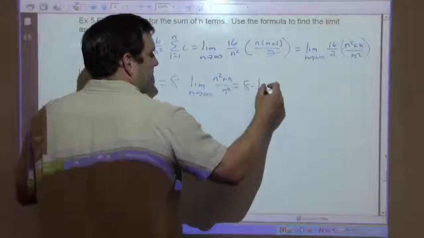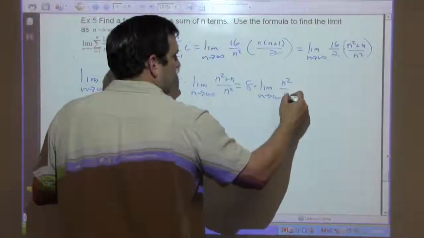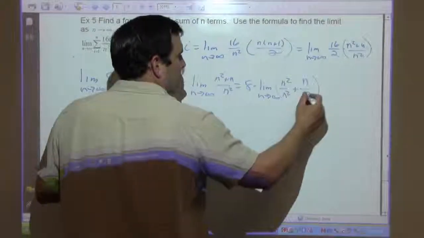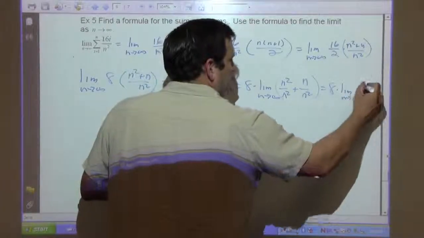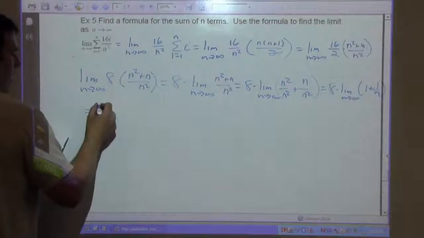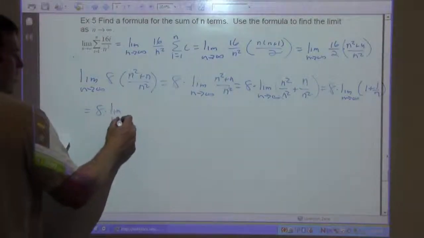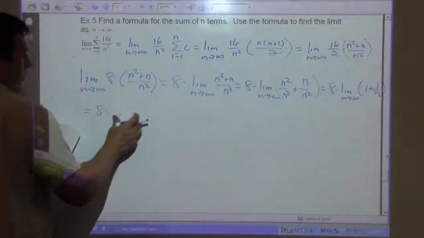That's 8 times the limit as n goes to infinity of n squared over n squared plus n over n squared. That's 8 times the limit as n goes to infinity of 1 plus 1 over n. Well, actually I could take the limit now.